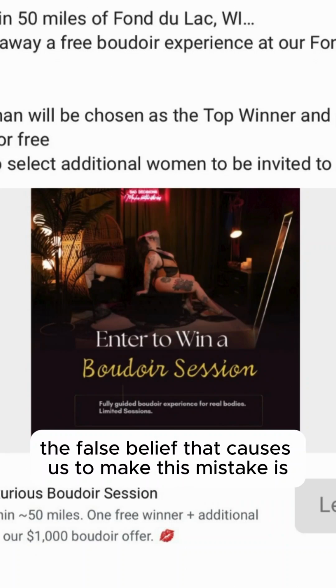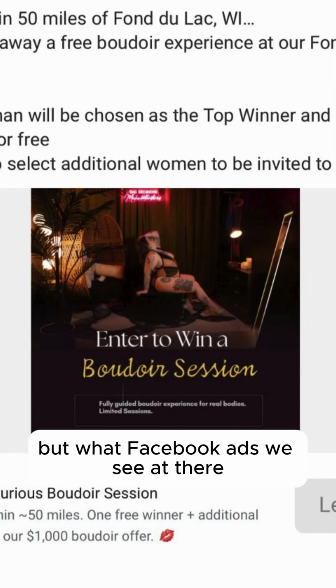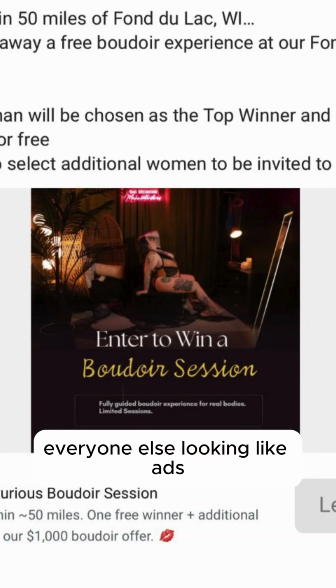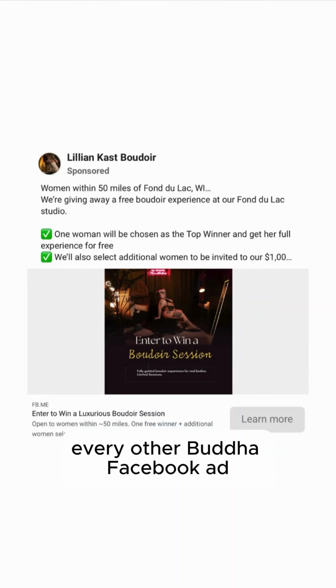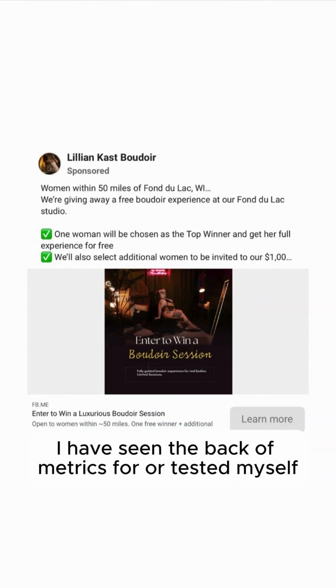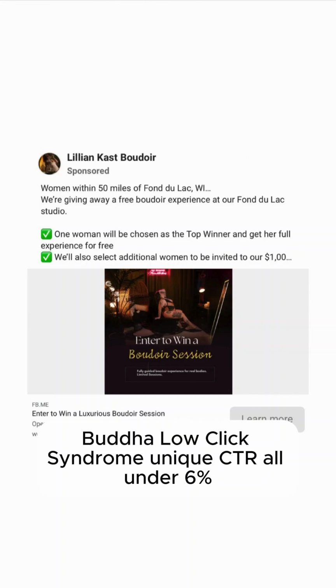The false belief comes from looking around at all the other Boudoir Facebook ads we see out there, everyone else looking like ads. Their ads look like ads. And guess what? Every other Boudoir Facebook ad I have seen the back end metrics for or tested myself 100% have had BLCS, Boudoir low click syndrome, unique CTR under 6%.